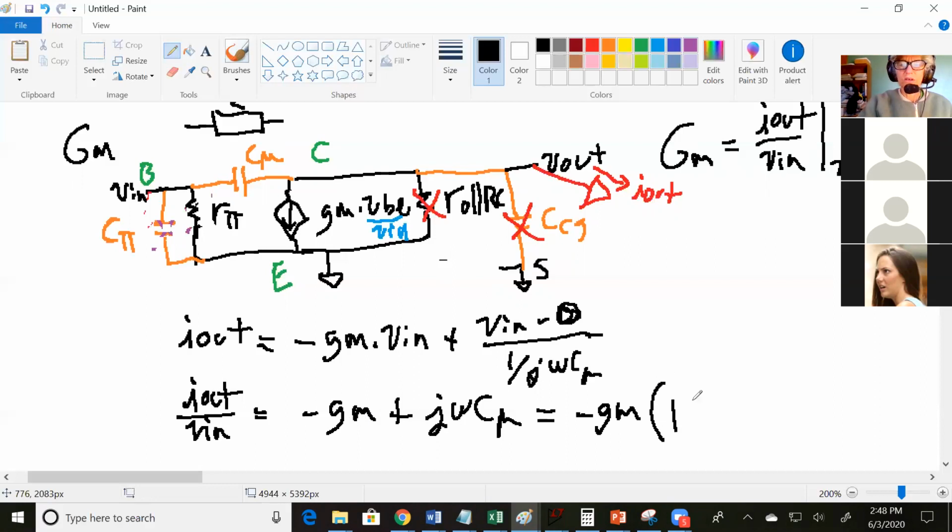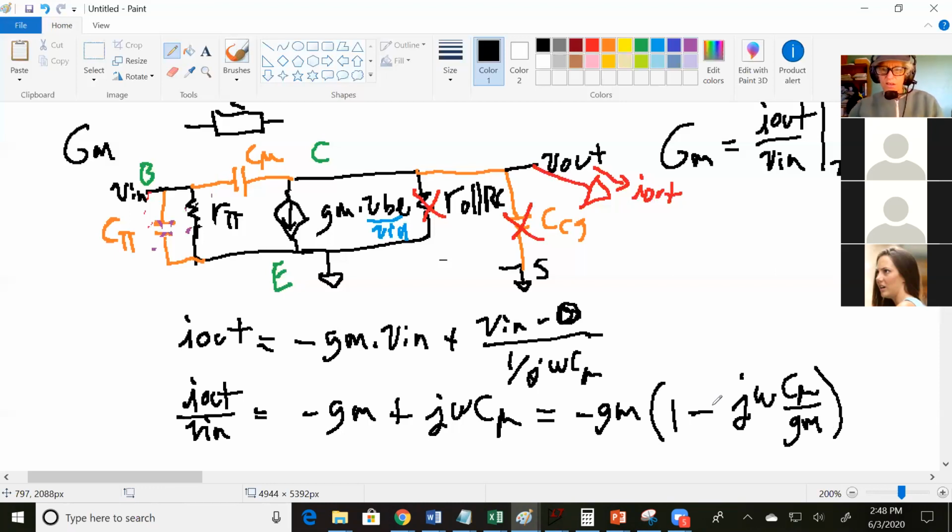So I get a 1 plus J omega C mu over GM. Okay. Is that a pole or a 0? Oops, minus sign problem. Is that a pole or a 0? It's a 0. So that's where the 0 comes from.